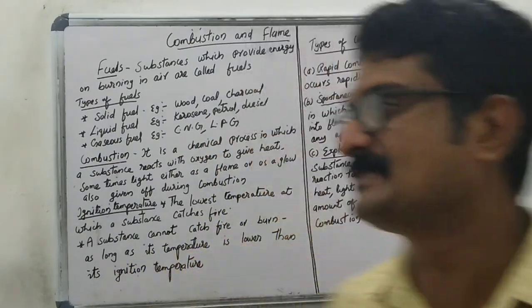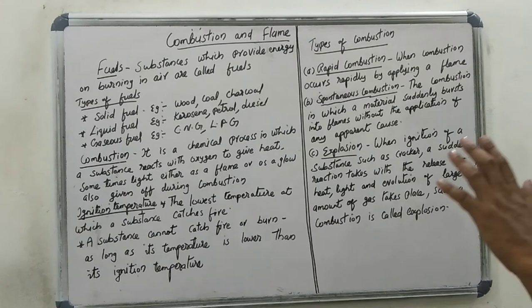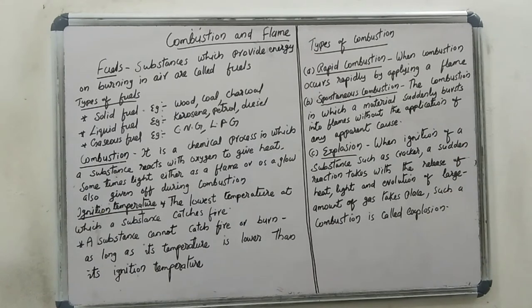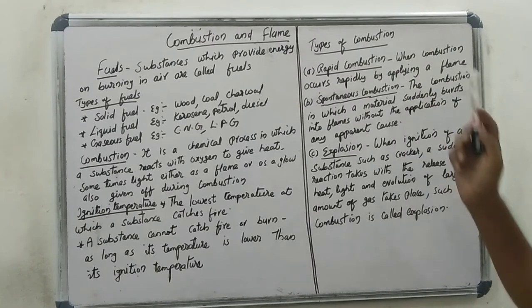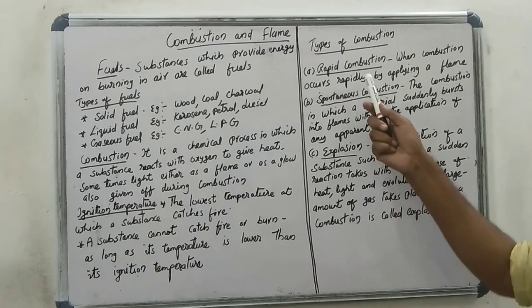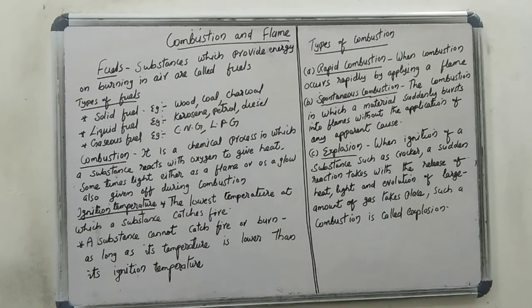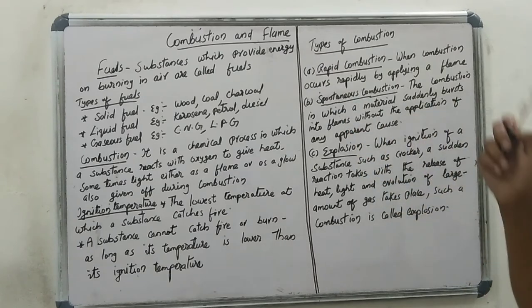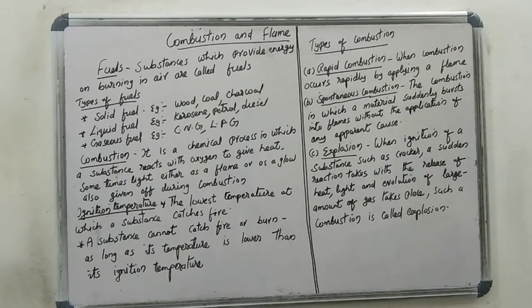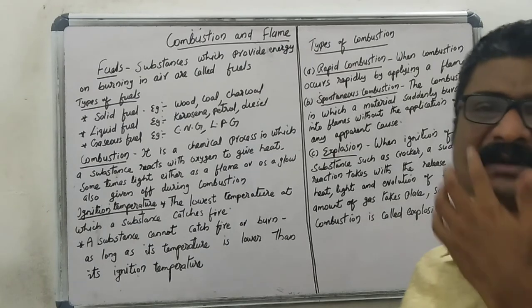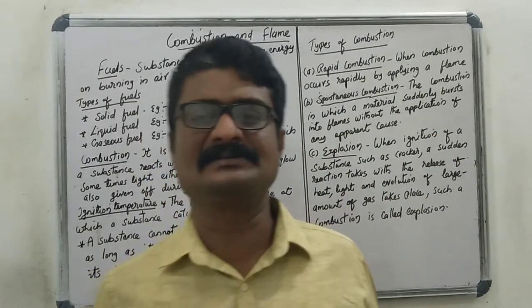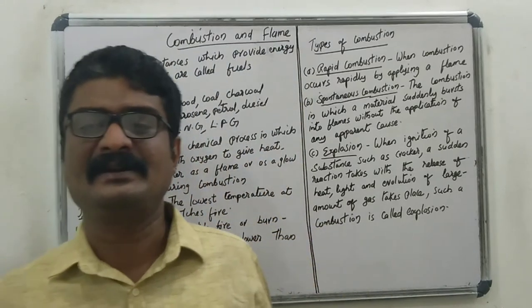Next, types of combustion. We can classify combustion into three types. The first one is rapid combustion, the second one is spontaneous combustion, and the third one is explosion. What is meant by rapid combustion?